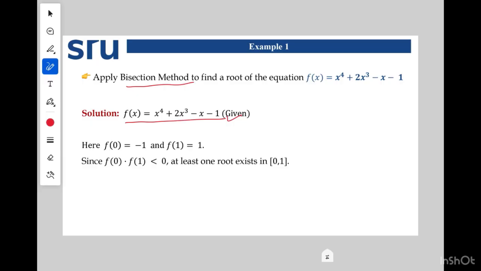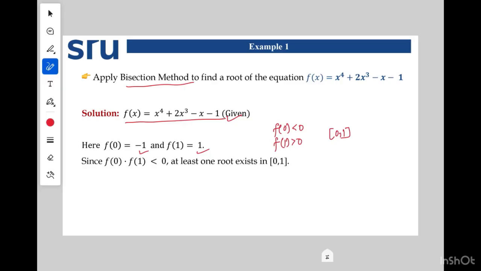If we put 0, then f(0) equal to -1, and if we put x equal to 1, then we have f(1) equal to 1. So f(0) is less than 0 and f(1) is greater than 0. By the intermediate value theorem, the root lies in the interval (0, 1).